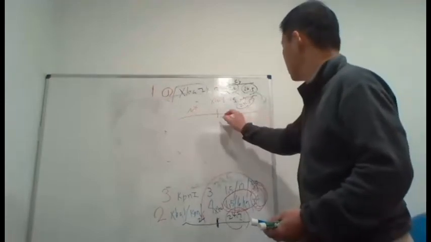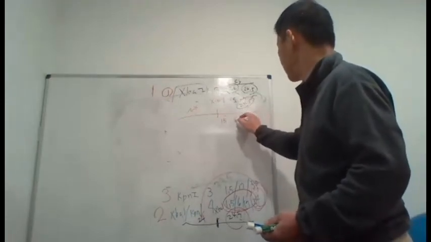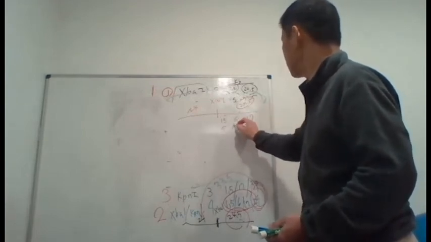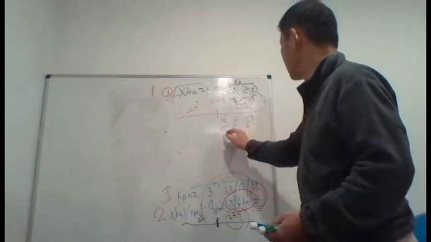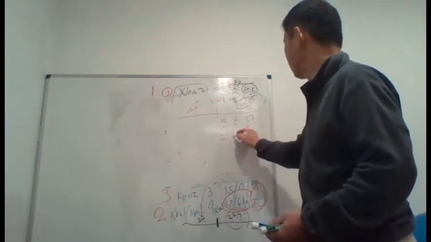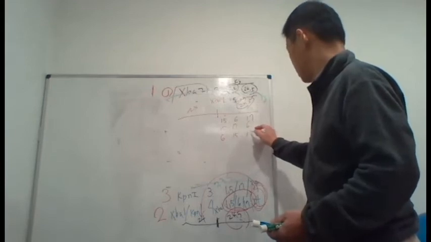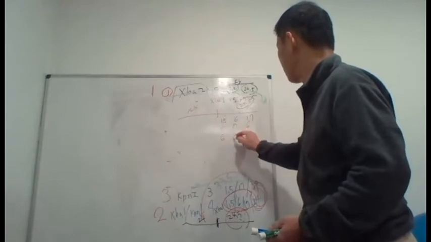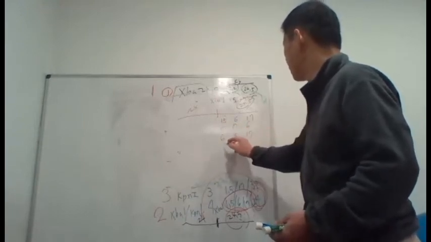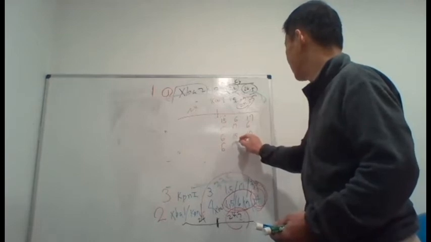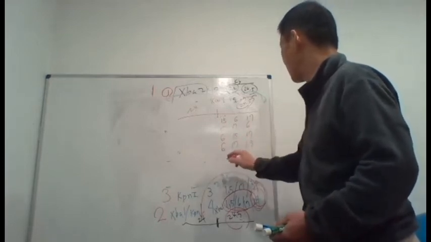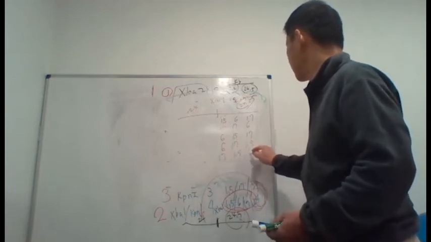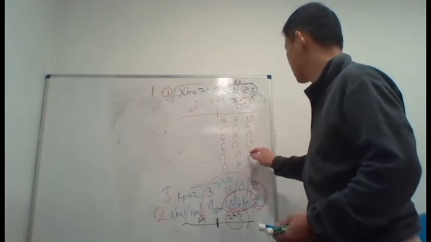So it can be 15, 6, 17, 15, 17, 6, 6, 15, no, it's not 15, it's 1.5, sorry, 1.5, and 17, and 6, 17, 1.5, all right, and then 17, 1.5, 6, 17, 6, 1.5.